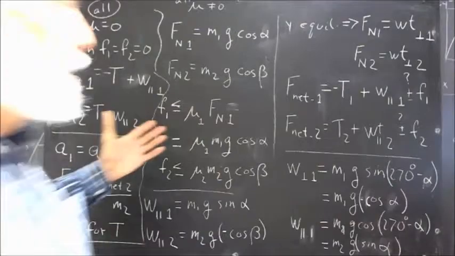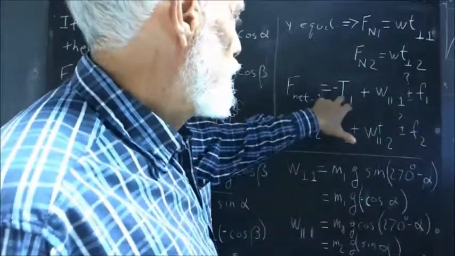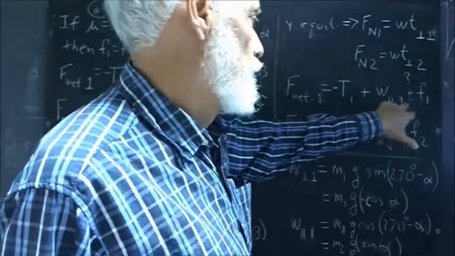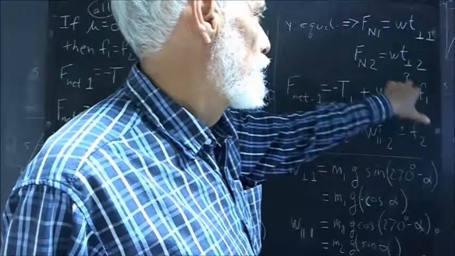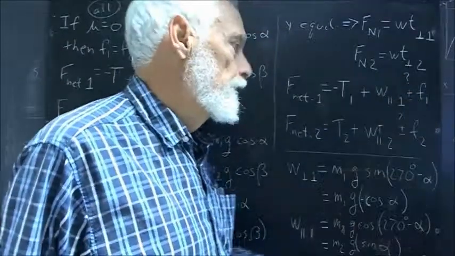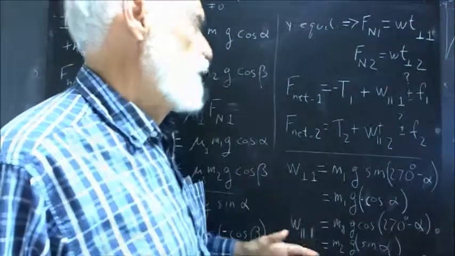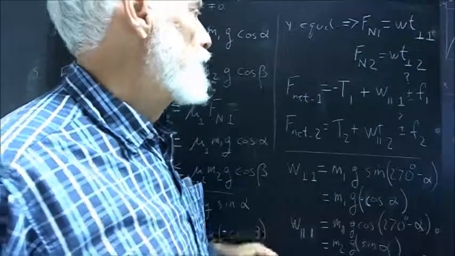So if we put all this together, we find that the net force on mass 1 is negative the tension on mass 1 plus the parallel component of the weight, then plus or minus the frictional force. And there's a question whether that's plus or minus. It depends completely on the situation. Again, is the velocity in this direction or this direction?